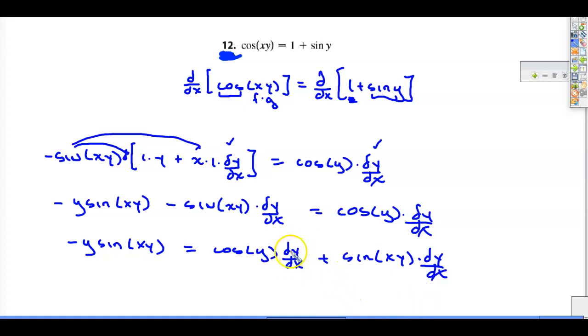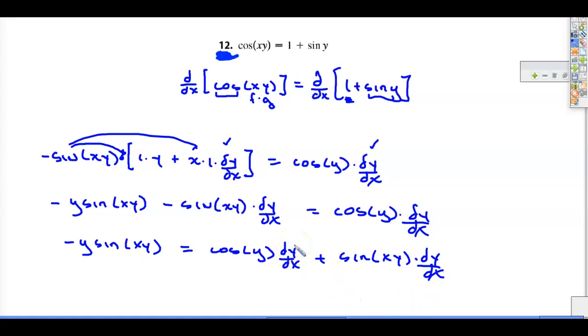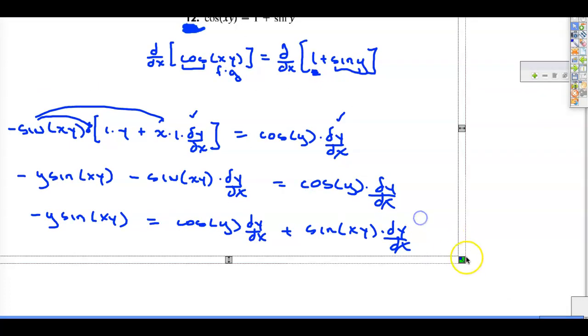And now dy/dx here, you consider it like a factor. So what are we going to do here? We're going to factor the dy/dx out.